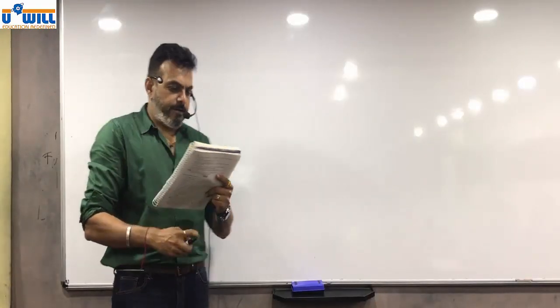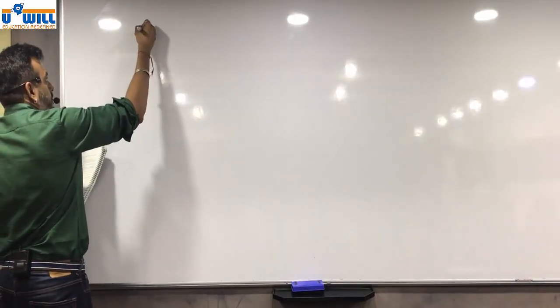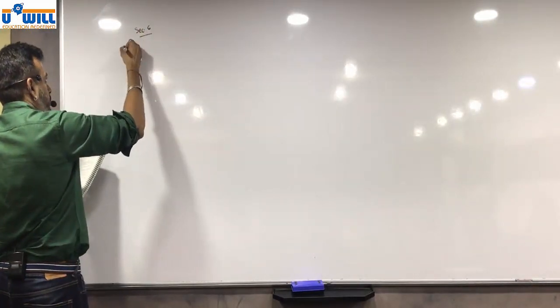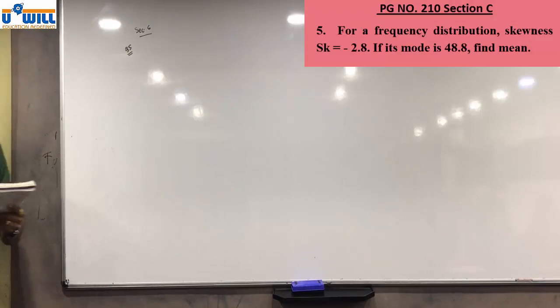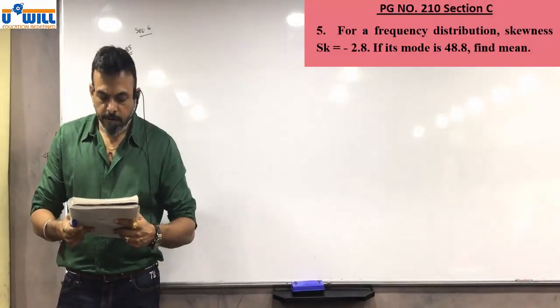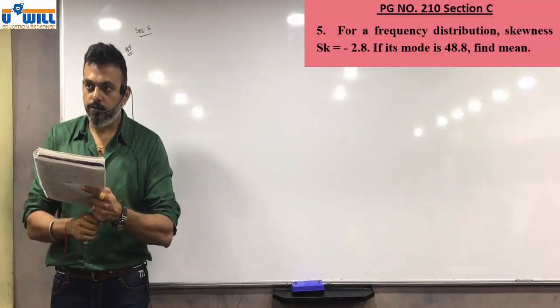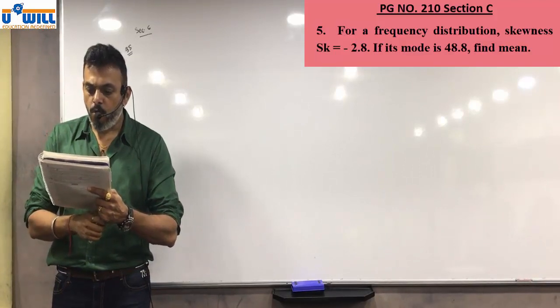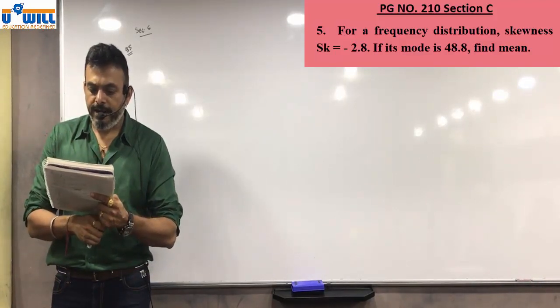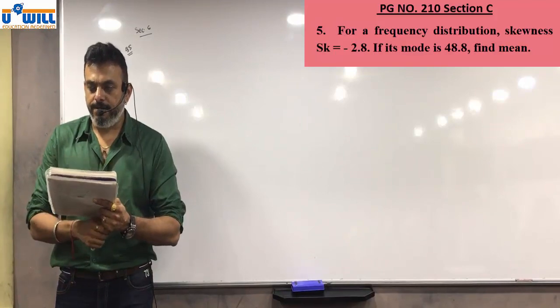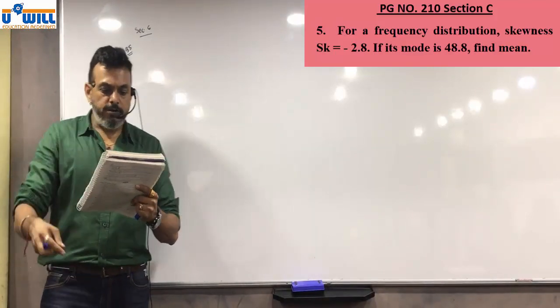Section C, the 5th. For a frequency distribution, skewness is minus 2.8. If its mode is 48.8, find the mean. Now, we recall the formula.